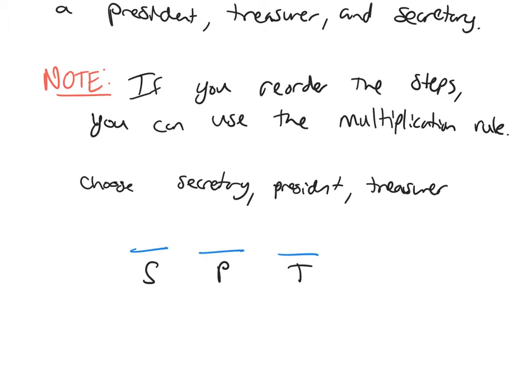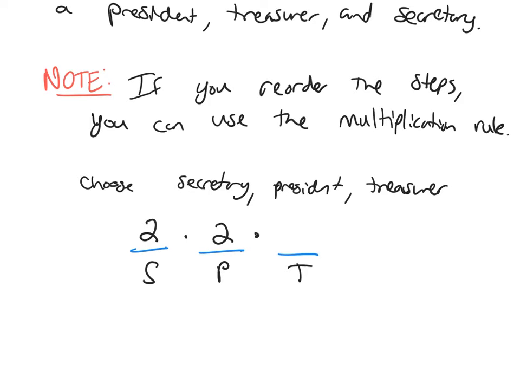For secretary, there are 2 options, and that is Dan or Sid. For president, well, you lose one person. Whoever was chosen as secretary can't be president, and also Ann can't be president. So there are only 2 choices here.